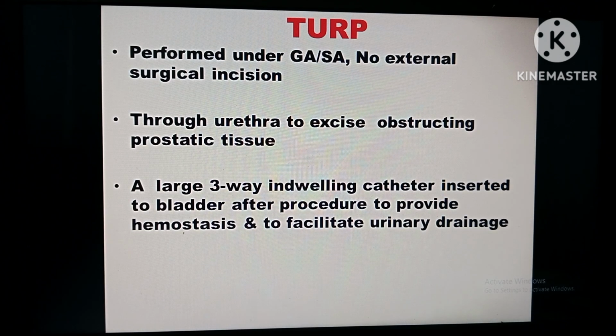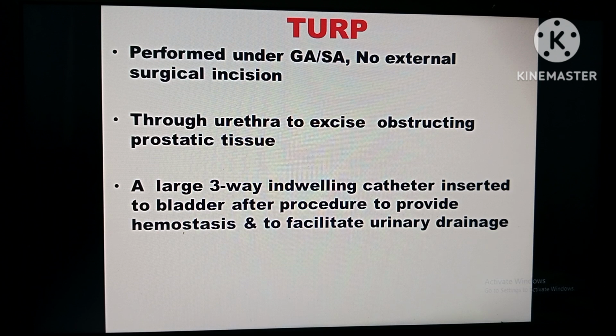A large three-way indwelling catheter is inserted into the bladder after the procedure to provide hemostasis and to facilitate urinary drainage, in the sense to prevent bleeding as well as to facilitate drainage. When the doctor inserts an instrument and cuts the extra growth of the prostate, the small cut pieces as well as blood clots can block the urinary bladder. It has to come out completely.